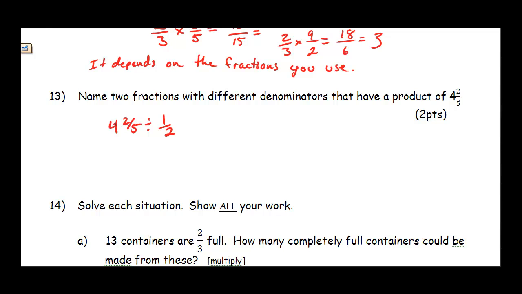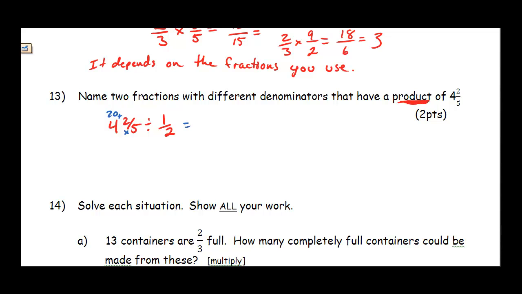Remember, division is the opposite of multiplication, and we're looking for a product, so we're looking for 2 multiplication questions. So, if I go 4 2/5 divided by a half, let's solve this, and that'll give me the other fraction. I'm going to go 4 times 5 is 20, plus 2 is 22.